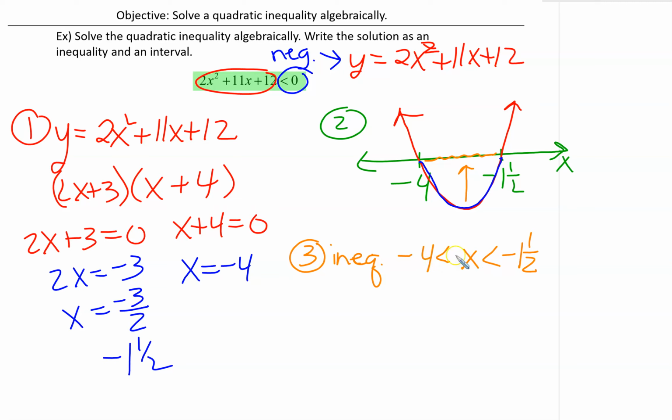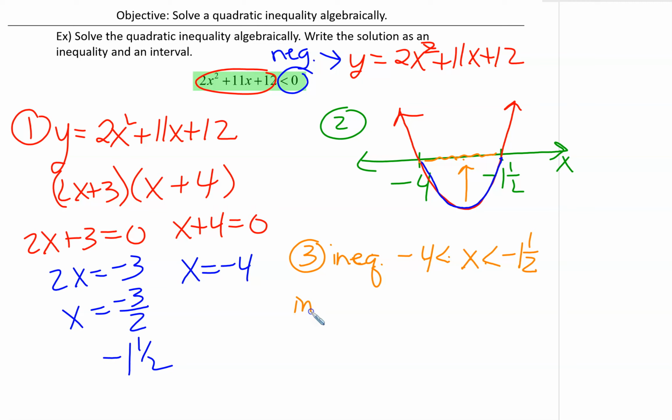So if -4 is less than x, x is greater than -4. And that makes sense because these numbers in the middle are to the right of -4, so they have to be greater than -4. And they're to the left of -1.5, so they have to be less than -1.5. Notice both inequalities need to be less than inequalities for that inequality to make sense.